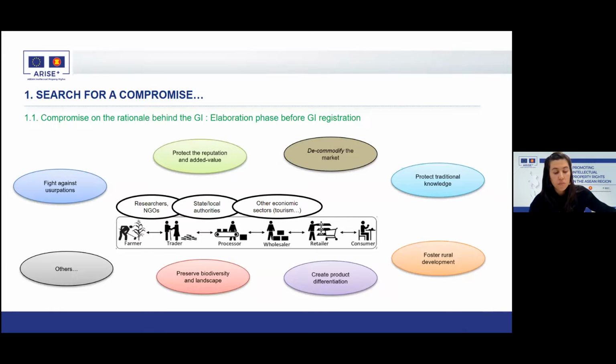And of course, they are private actors of the value chain, but also public and non-governmental actors are associated, and they will interact with the GI project, like researchers, students sometimes, NGOs, local and national authorities, and other economic actors from other sectors, and especially tourism is very often invited to participate.